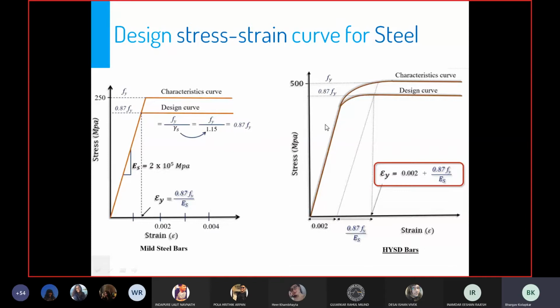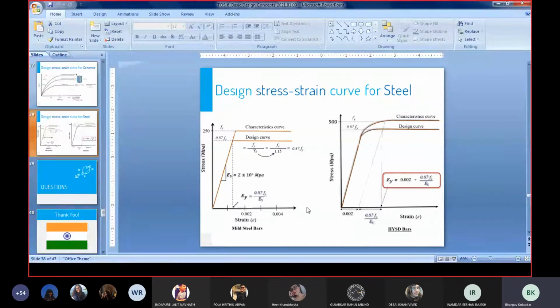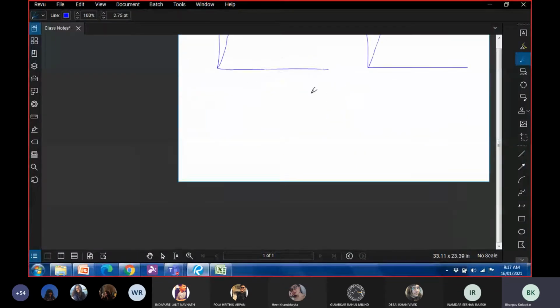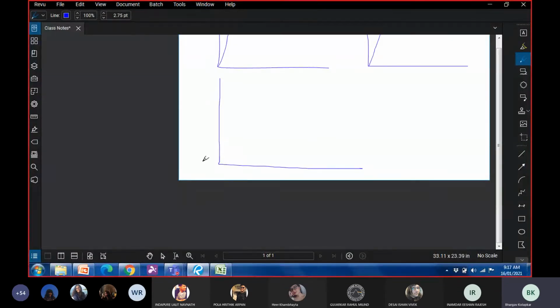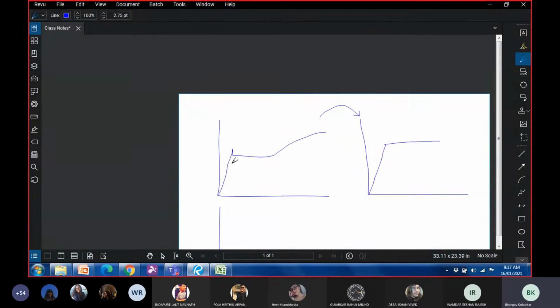So what happens in high strength steel? We've seen this in the past also, that they do not have a well-defined yield point. So if I have to draw the curve for HYSD bars, perhaps I'll just draw the curve here itself so that you get a feel of how they compare with each other.